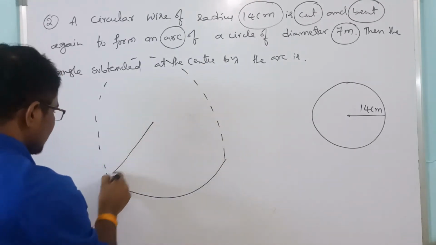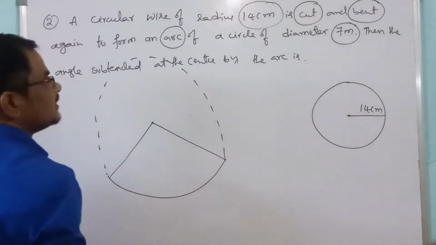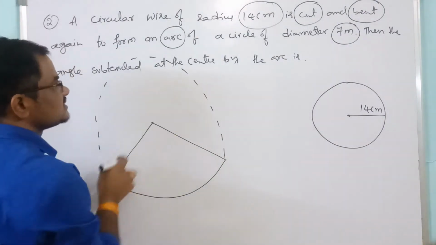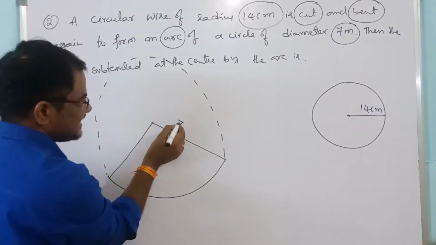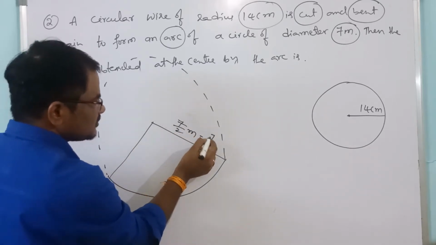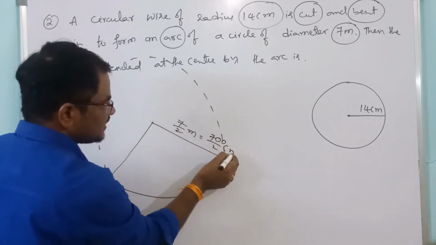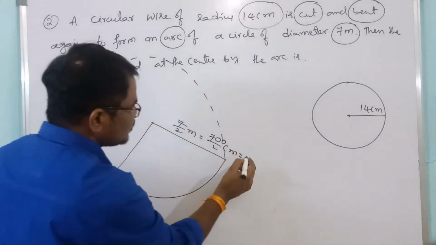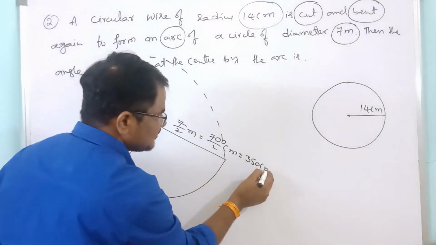Here the diameter is 7 meters, means the radius is 7 by 2 meters, that is equal to 700 by 2 centimeters, that is equal to 350 centimeters.